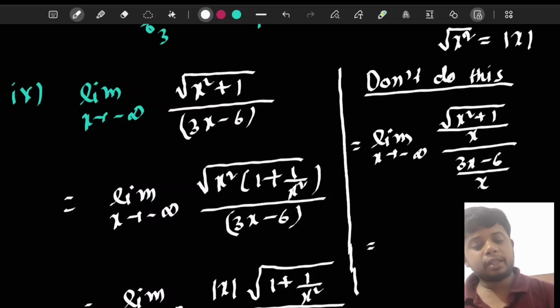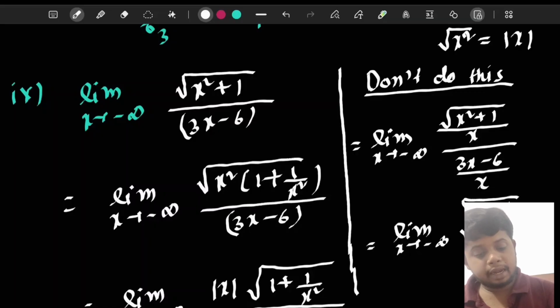So when this x goes under root, I am getting limit x tending to minus infinity, under root of 1 plus 1 by x square, and here I am getting 3 minus 6 by x. That means if x goes to minus infinity, 1 by x square will become 0. That means this will become 1 by 3.